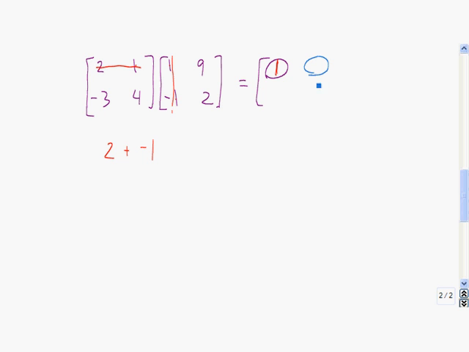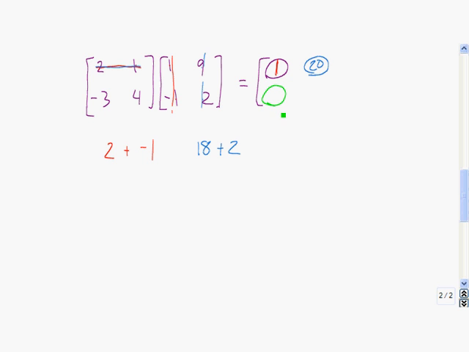To get the next entry in my first row, I'm going to take the first row again of the first one, but now the second column of the second one. So I have 2 times 9, which is 18, plus 1 times 2, which is 2, and that gives me 20. I have no more columns left in the second matrix, so now I move on to the second row.